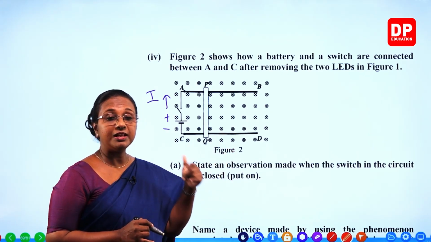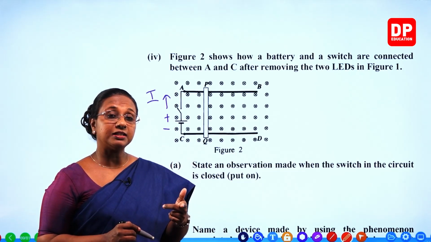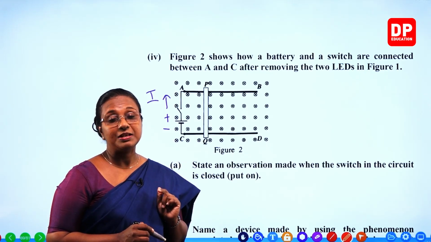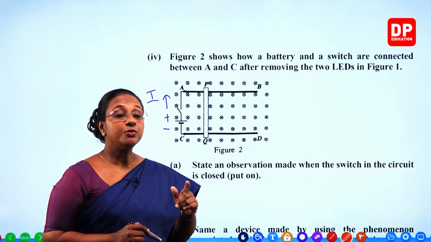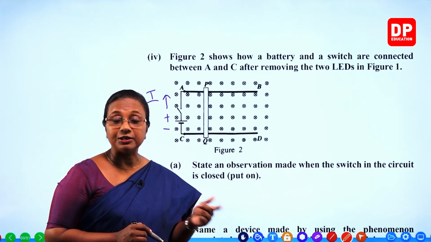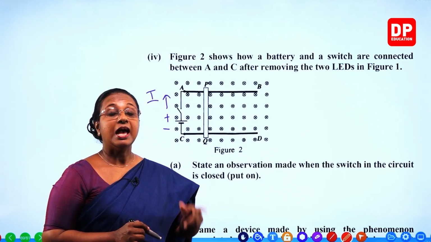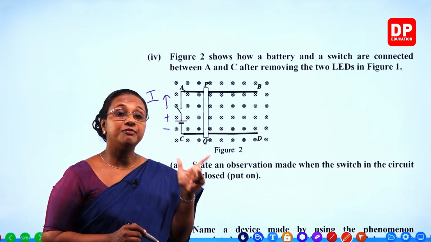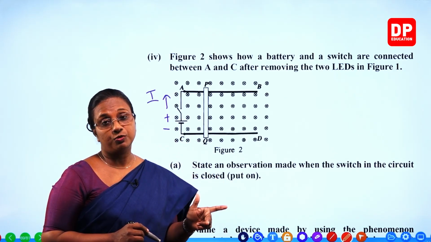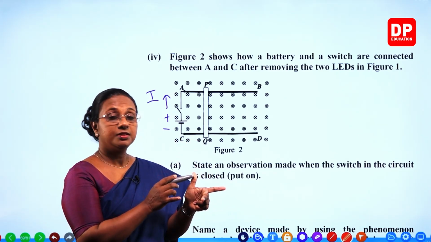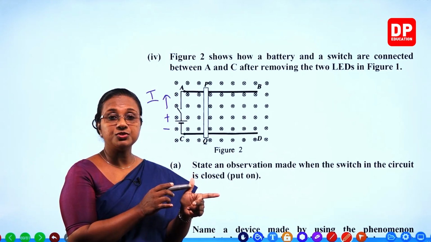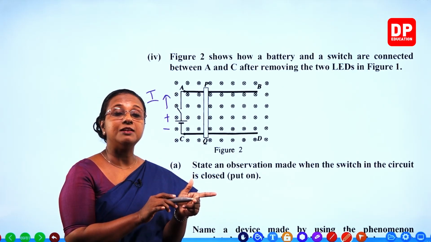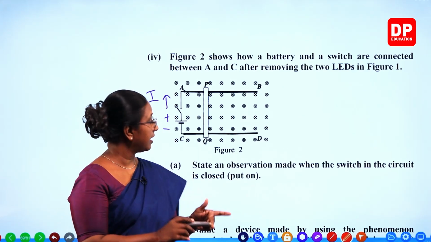You all know this is the opposite of electromagnetic induction. And to determine the direction of the force, you will use Fleming's left-hand rule. Here also, thumb is the direction of the force, the index finger is the direction of the magnetic field, and the middle finger is the direction of the current flow.